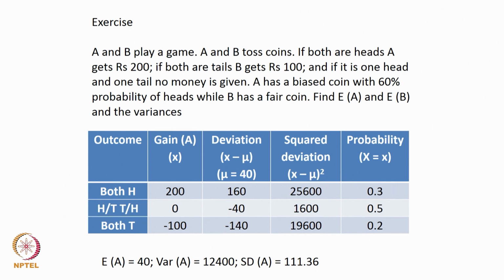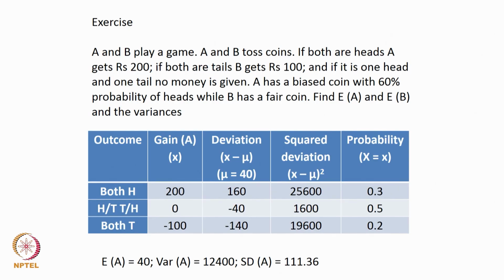If both are tails, B wins rupees 100, and if one is a head and one is a tail, no money is transacted. We also assume that A has a biased coin with a 60% probability of heads, while B has a fair coin with a 50% probability of heads. Find the expected value of A, expected value of B, and the variances.